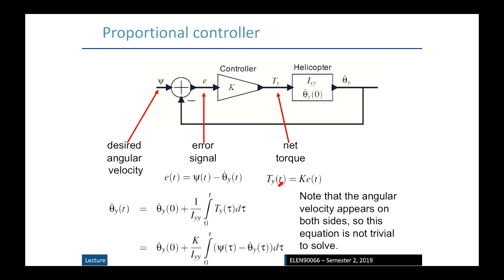So Ty is just Ke. It's a very simple type of controller. You can think about it as, as the error gets more, the control effect is having more effect on the system as well, according to the proportionality here. Big deal. So that's the little closed loop feedback system.